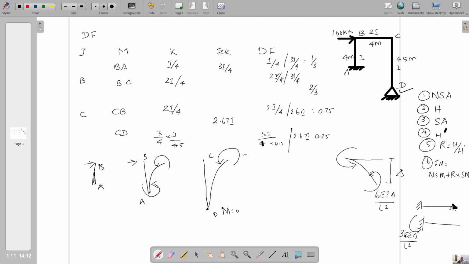So in this case, we have to consider 3EI delta by L square. Here, 6EI delta by L square on both bottom and top. So it is a very important concept you have to remember. When the far end is hinged, the moment is 0 at the hinge point. At the opposite end, 3EI delta by L square is the moment value. When both ends are fixed, 6EI delta by L square is the moment value.